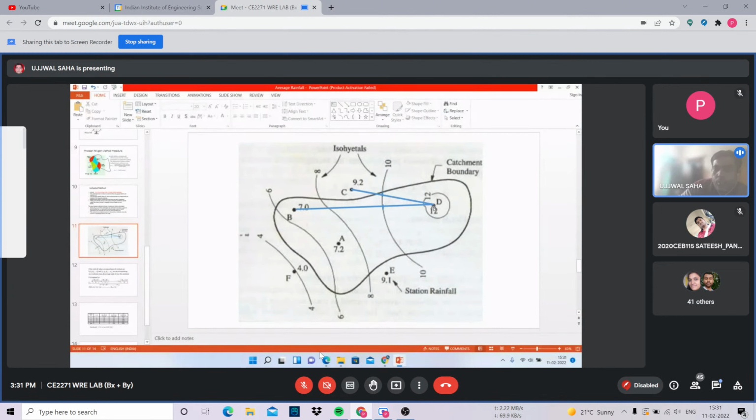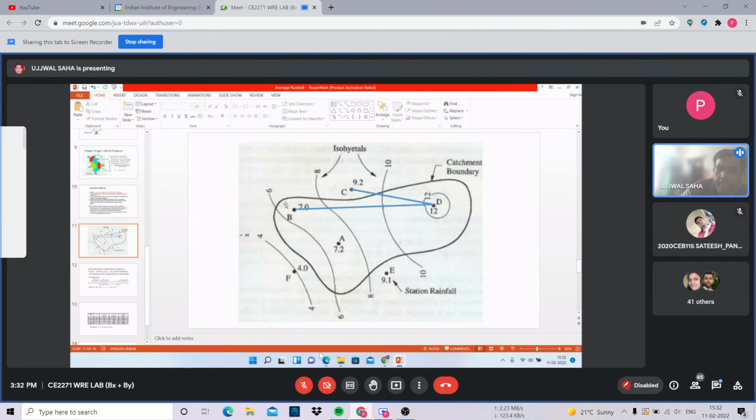So it should come from 12 to 7, and the value should change. So somewhere in between there should be 10. So I mark the 10. How will I mark it? I see 12 to 7.